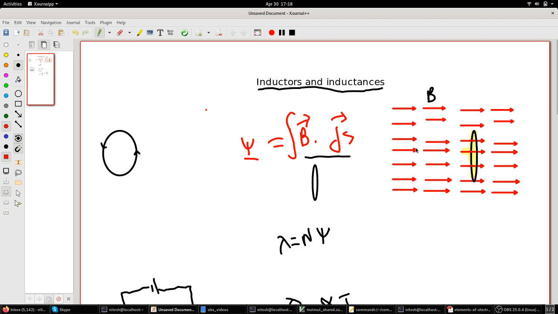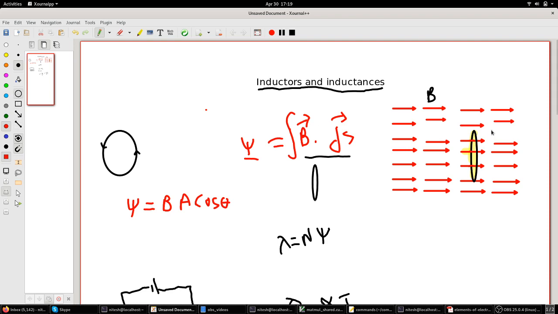Now if I place this loop at an angle, it's basically a dot product, so I can say that the magnitude psi will be equal to B into area into cos theta. So if I place this particular loop at an angle, you will get a different value.